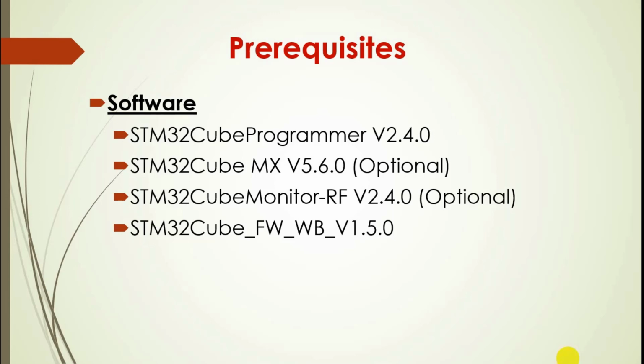You can install STM32CubeMonitor-RF version 2.4, which is again optional. And you also need the STM32Cube firmware package, which you can install either using STM32CubeMX or download directly from st.com.